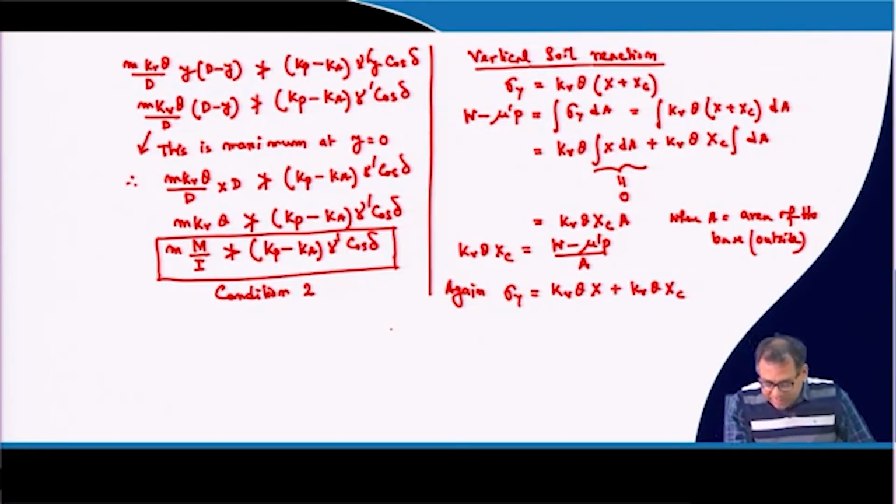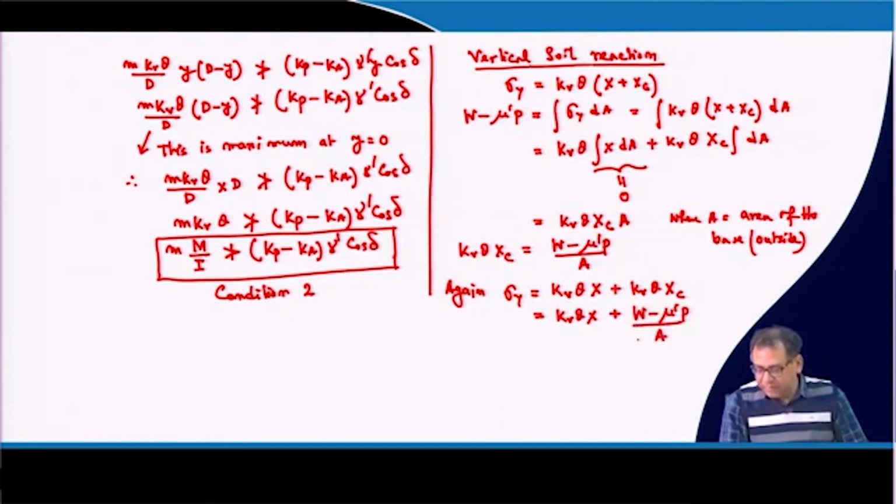Now K v theta x c is equal to W minus mu dash p by A.